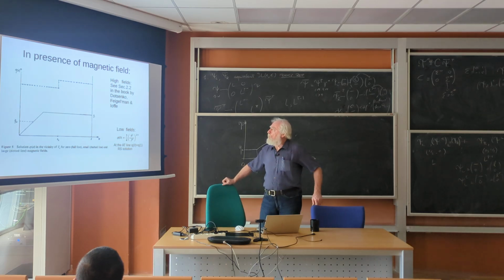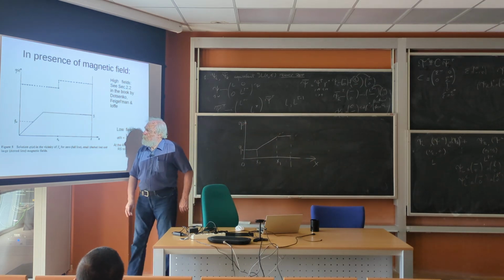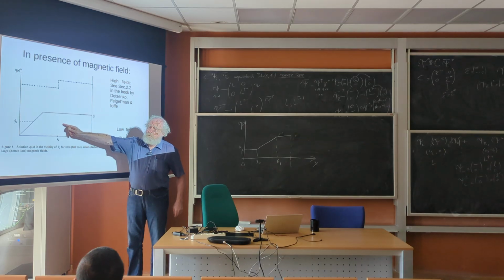Now, what happens if there is a non-zero magnetic field? If it is small, and we are still not far from the transition temperature, then the solution which we discussed generalizes to this one.